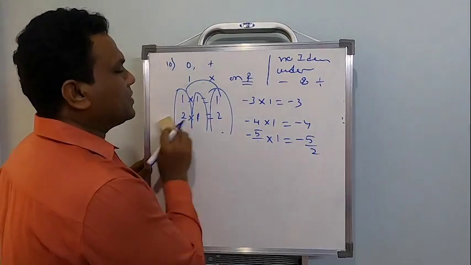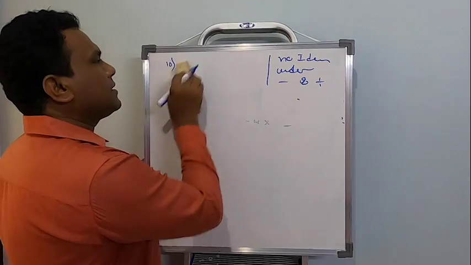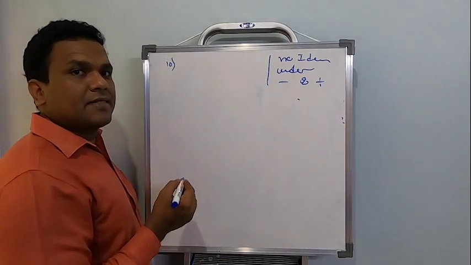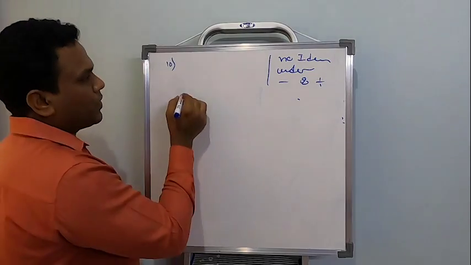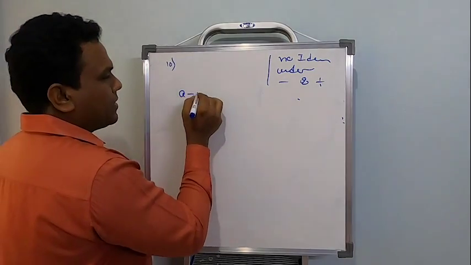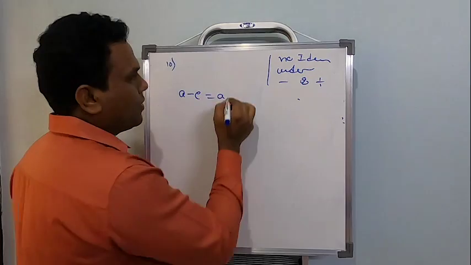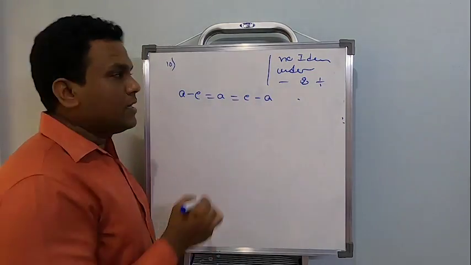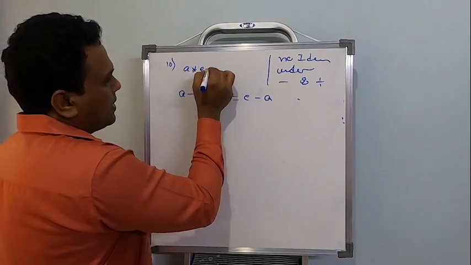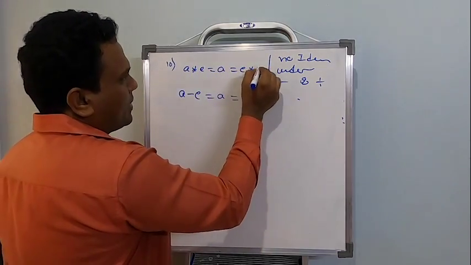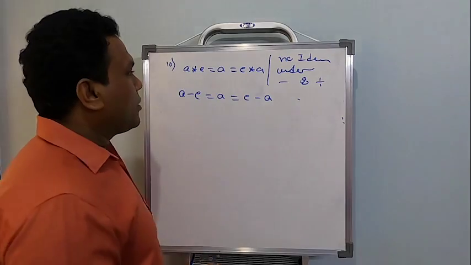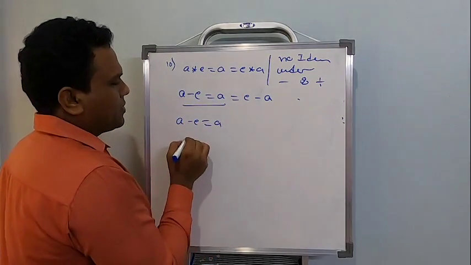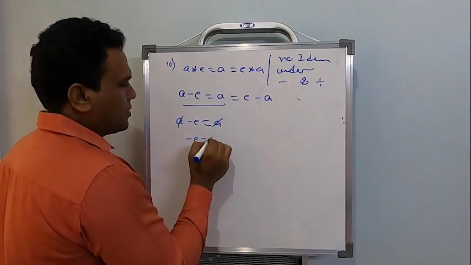Now let us go to subtraction, and this part is over. Now let us go to subtraction and division, right? Suppose identity exists under subtraction. So what should be true? A minus E should be equal to A, should be equal to E minus A. The standard property was A star E is equal to A is equal to E star A. Now let me take this part. A minus E is equal to A, so E equal to 0.